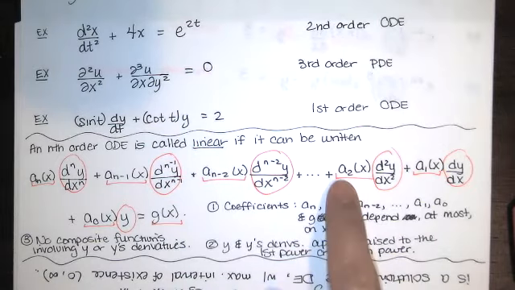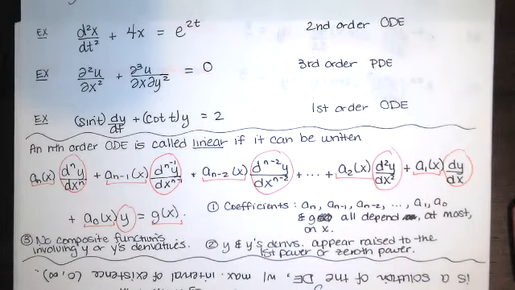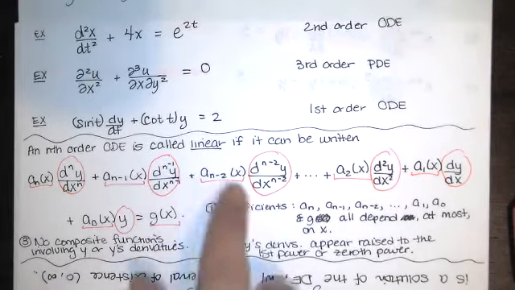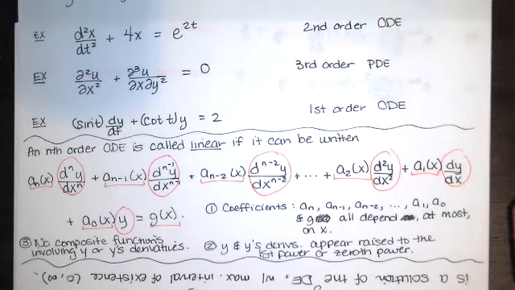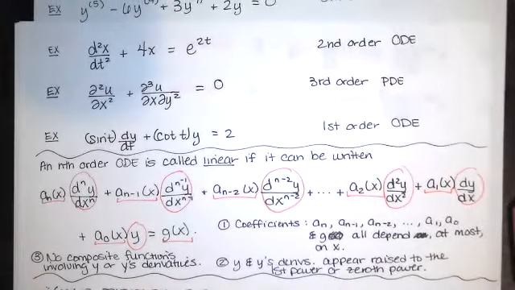So the second derivative had a coefficient of a sub 2, first derivative had a coefficient of a sub 1. I can't do the same thing when I have a partial differential equation because the order of the derivative and the number of coefficient functions just don't line up. But the qualities are the same.